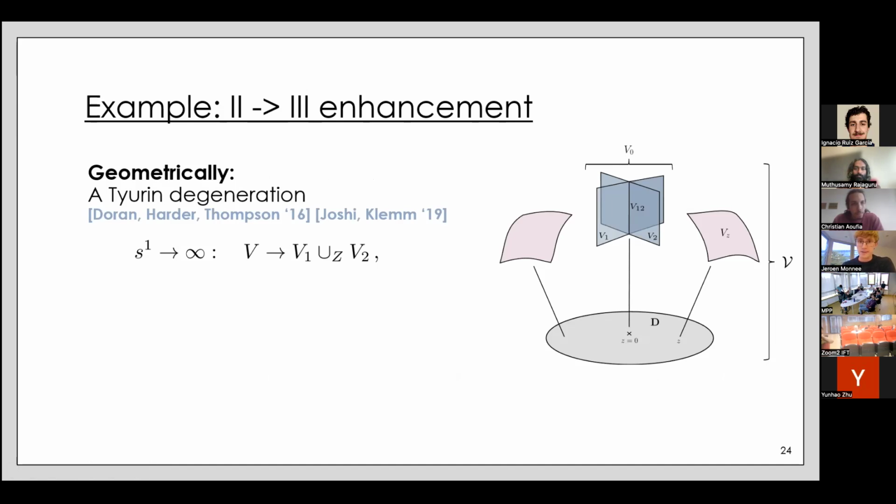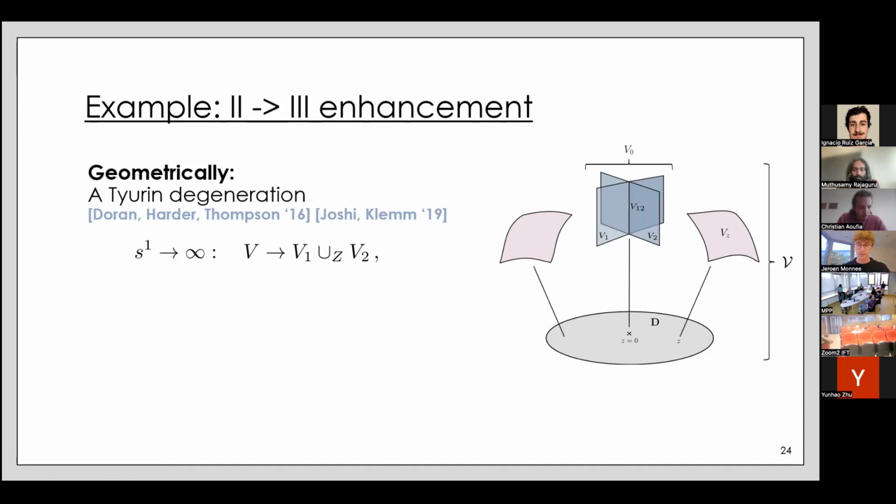So just to give you an idea of what is going on, I will discuss an example, exactly a 2 to 3 enhancement. And just to give you some geometric intuition for how you might realize this, you could, for example, imagine that when you send the first saxion to infinity, you realize a Tyurin degeneration.